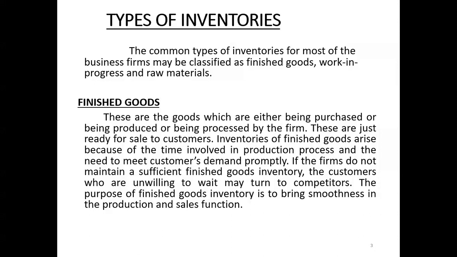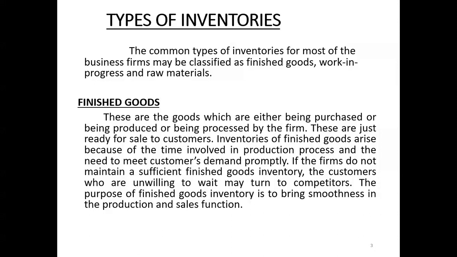Right. First, what do you mean by finished goods? These are the goods either purchased or produced or processed by the firm, just ready for sale to the customers. Finished goods arise because of the time involved in the production process. Converting raw material into finished goods takes some time.